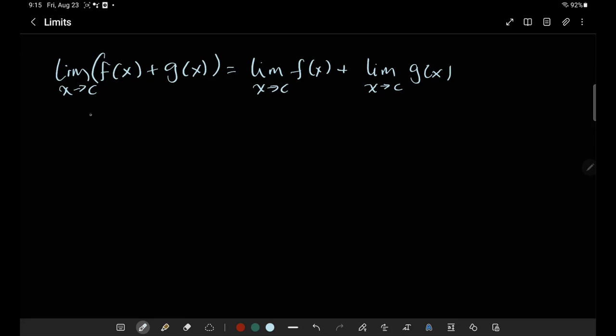Same thing, you can pull constants in and out of the limit. So the limit as x goes to c, those two together are the linearity, and say a constant, let's say alpha, is going to be equal to alpha times the limit. So you can pull out constants.